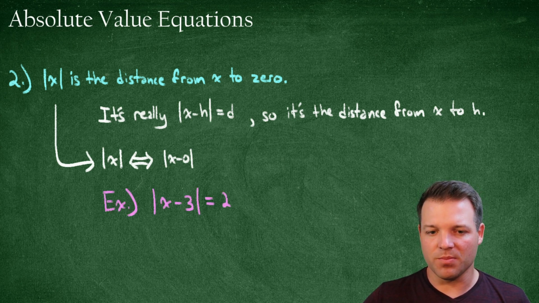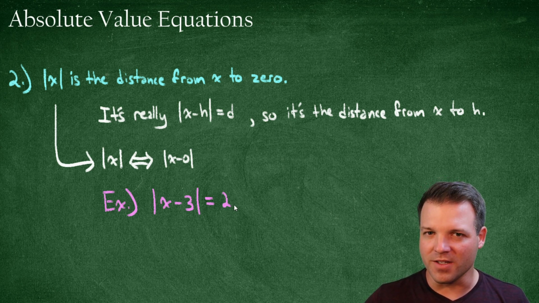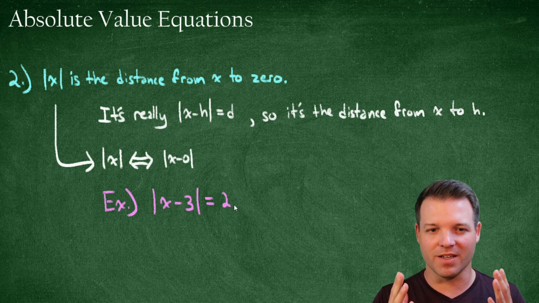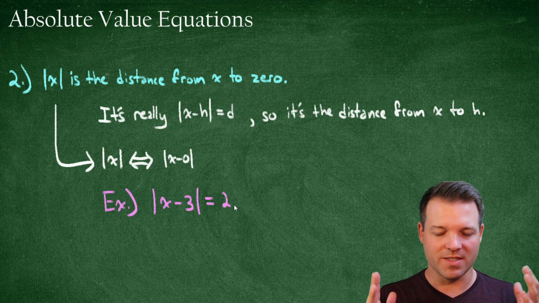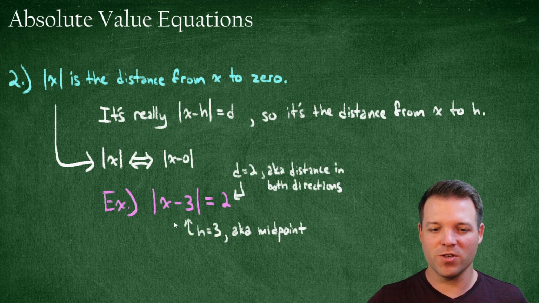Let me show you an example. So if we have this example, the absolute value of x minus 3 is equal to 2, graphically speaking, because this is kind of like a graphical representation of this definition, what does that look like? Well, first of all, it means that we're asking, what's the distance to 3?